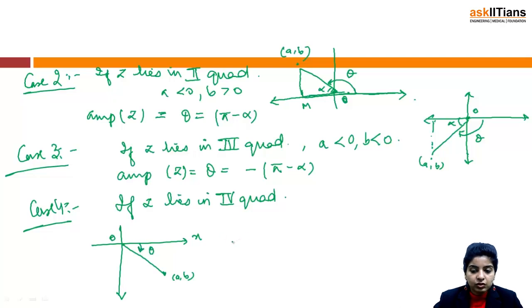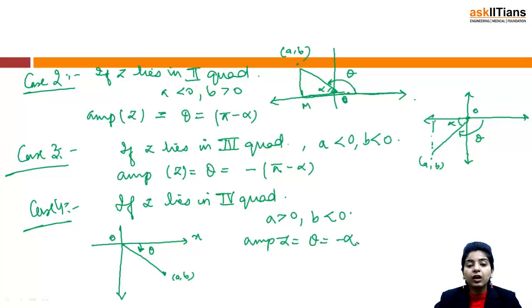Fourth quadrant means that a would be positive but b would be negative, and therefore the amplitude of z, as is apparent from the figure also, would be equal to theta, which would be simply minus alpha. So once you understand these 4 cases, you can easily solve any question based on principal argument or amplitude.